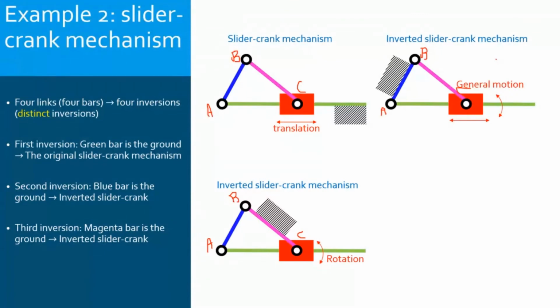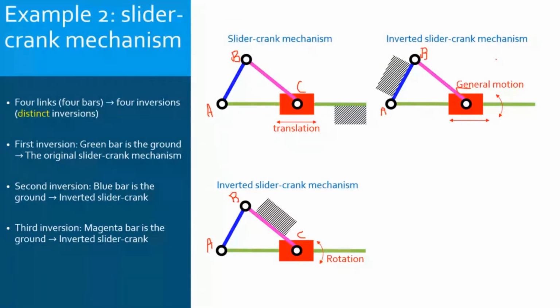So here, what we have said is that BC, the magenta bar, is the ground. AB is a crank. It can complete one full rotation. Now, the slider here can have only one fixed axis rotation. And the green bar has a general motion, but mainly it is translating relative to the slider.